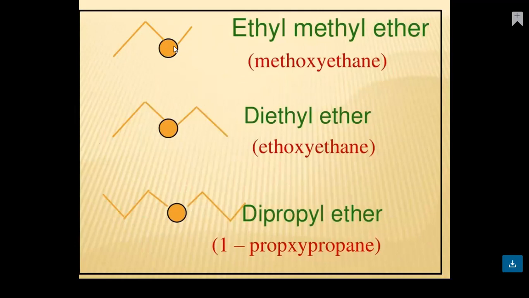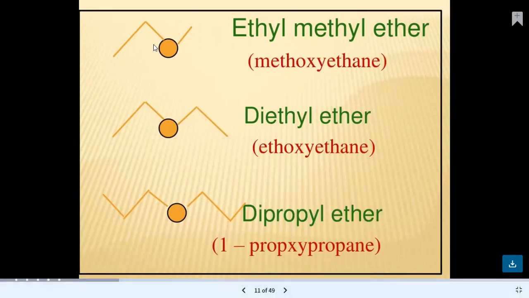What is the rationale of this? Why is it named like this? Well, if you consider this to be just a branch, it's an ethyl because it has 1 and 2 carbons. You don't have a carbon here. What you have here is the oxygen itself. So 2 carbons to the side and 1 carbon to the side. And if you respect the alphabetical order, then you will name it as ethyl methyl ether.